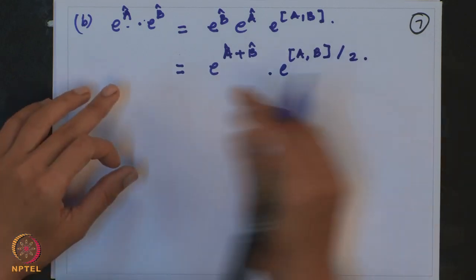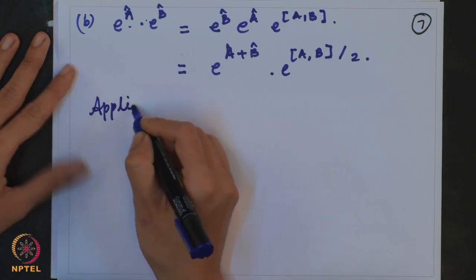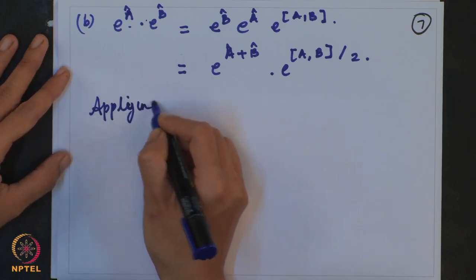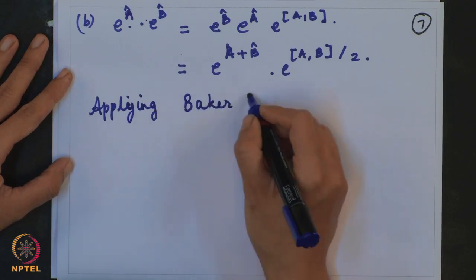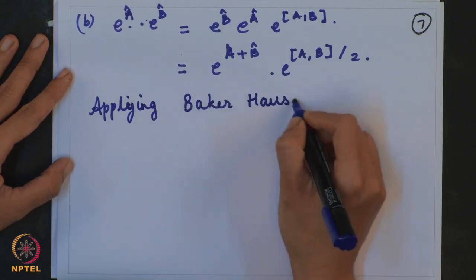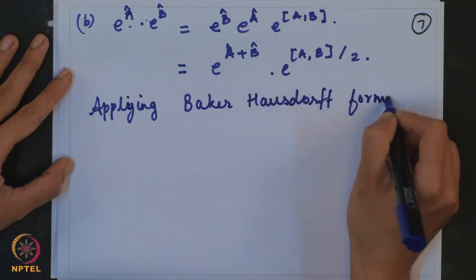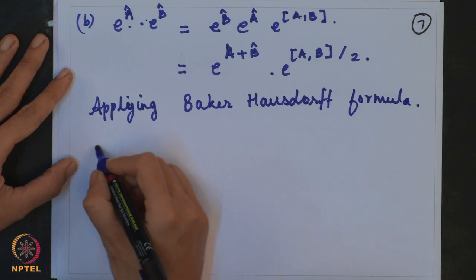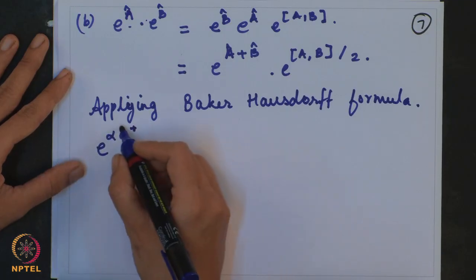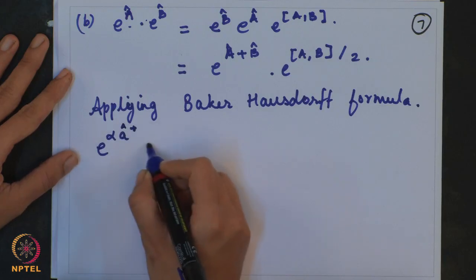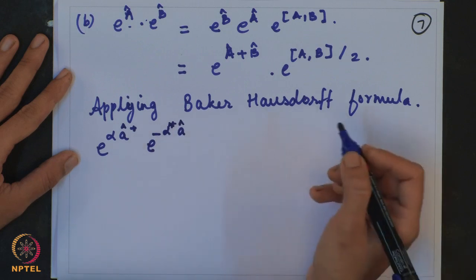So, using these relations and applying the Baker-Hausdorff formula, we have e raised to alpha A dagger, and another term is e raised to alpha star A.